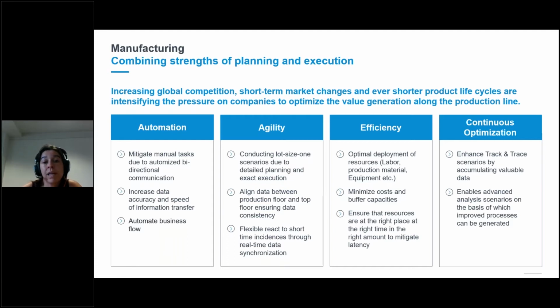Where combining planning and execution into a continuum planning strategy comes into play is creating this bridge between these two systems, planning and execution, whereby each facility will increase its automation, like business process flows, the agility, like the data alignment between shop floor and top floor, and conducting specific lot size scenarios, the efficiency, like resource dispatching or reduction of cost and buffer capacities, and as well the continuous optimization, like the accumulation of data and all the reporting, allowing to enhance track and trace.